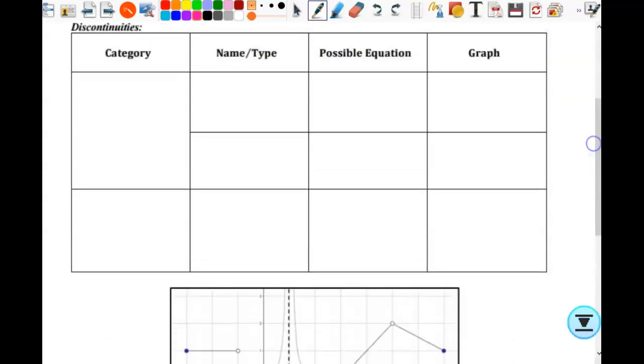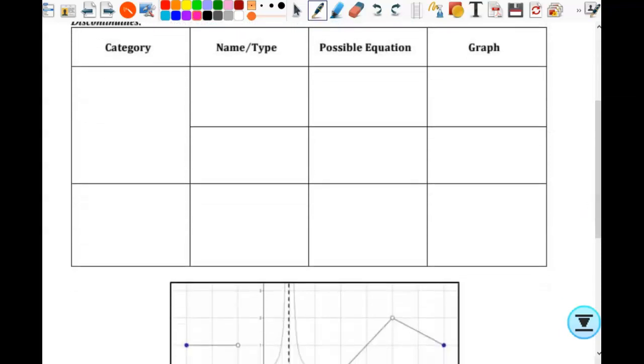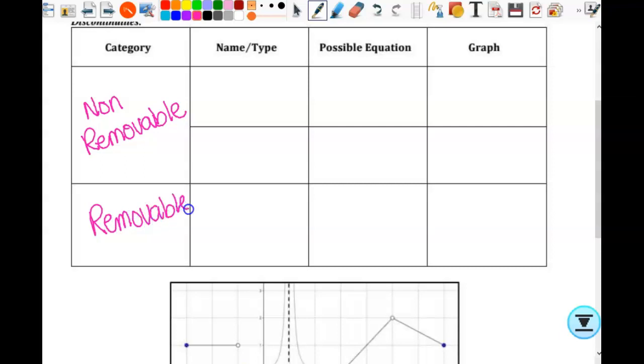We have two major types of discontinuities: non-removable and removable. Those are the big categories. And then there's other types.